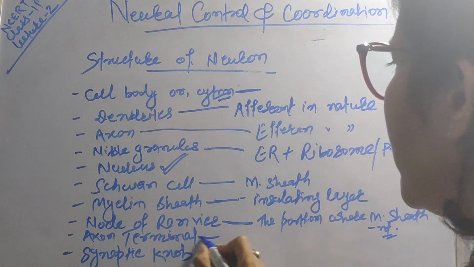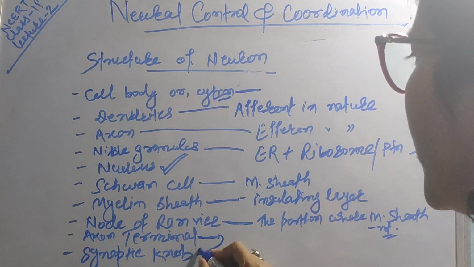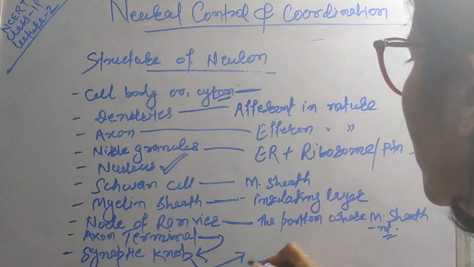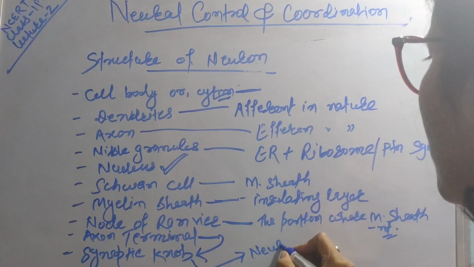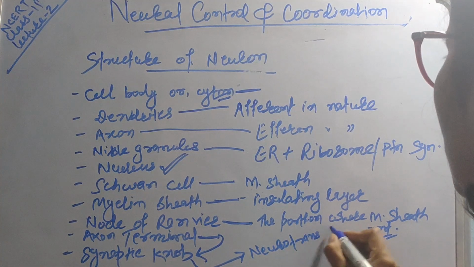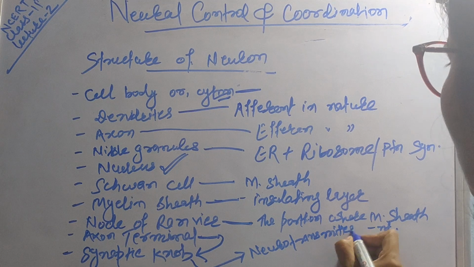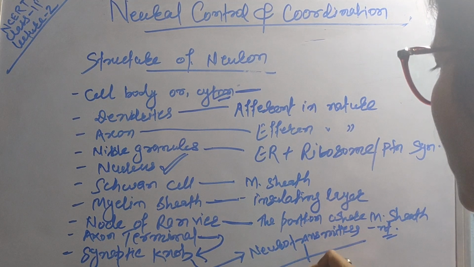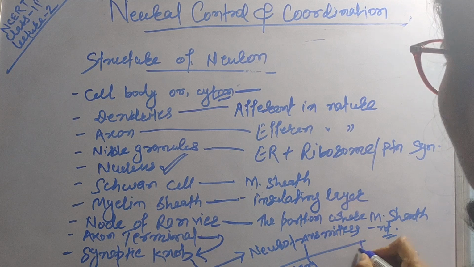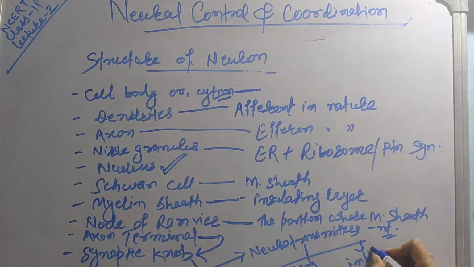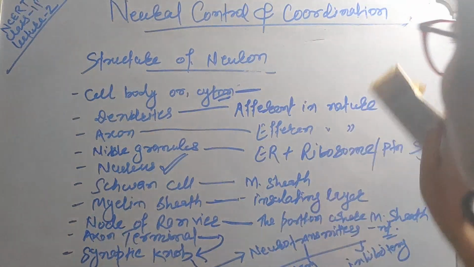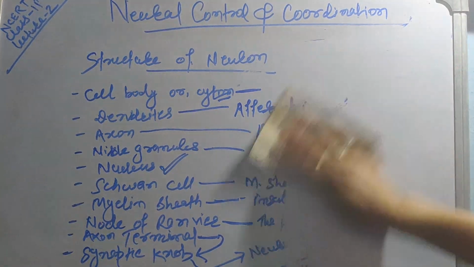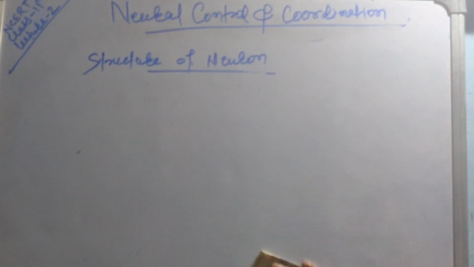Axon terminal is the terminal part of the axon, which contains synaptic vesicles, and these contain neurotransmitters, which are either excitatory or inhibitory in nature. Examples of excitatory neurotransmitters include acetylcholine, and inhibitory include dopamine.